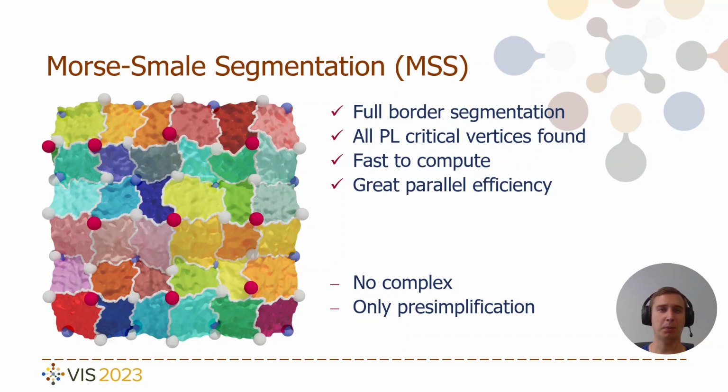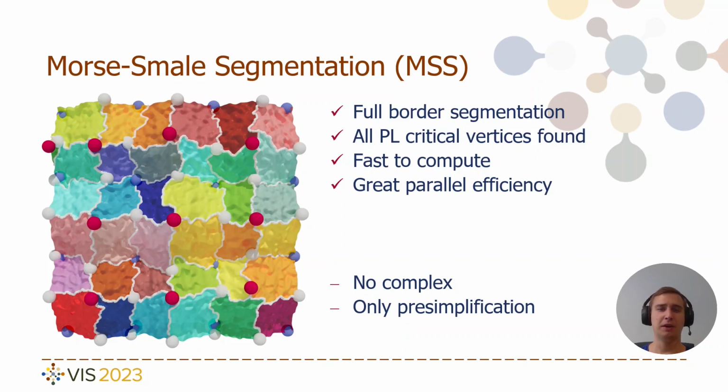Also, we get all piecewise linear critical vertices, as opposed to the Morse-Smale complex, where we sometimes have additional ones at the border or even missing ones. Also, due to the algorithms chosen to compute the Morse-Smale segmentation, it is very fast to compute and works well on CPUs with multiple cores, so it has a great parallel efficiency.